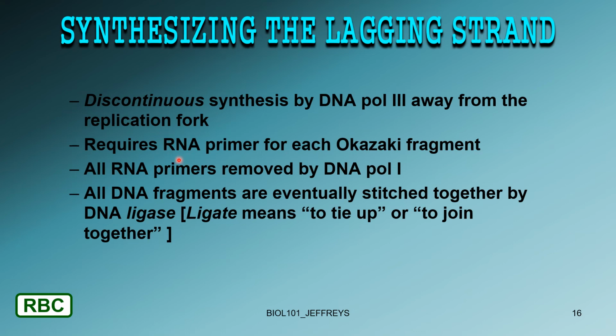So each lagging strand, each Okazaki fragment requires an RNA primer, and all RNA primers must be removed by DNA polymerase 1. So DNA polymerase 1 will come in, remove the RNA primer, lay down that 5 or 10 missing DNA bases, and then DNA ligase will come in and stitch them all together.